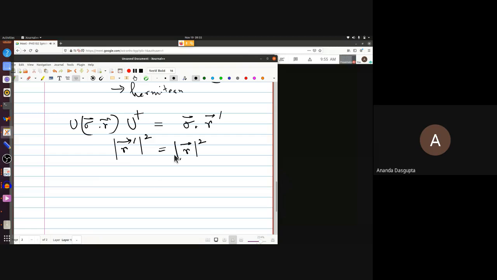So at least we know one thing, that if we use this to write down r prime equal to capital R r, then capital R at least should obey this. That is, it has to be an orthogonal 3 by 3 matrix. However, there are quite a lot of gaps at this point.